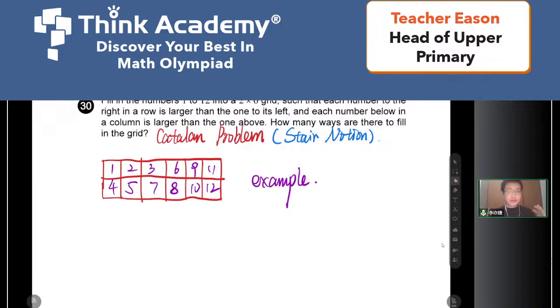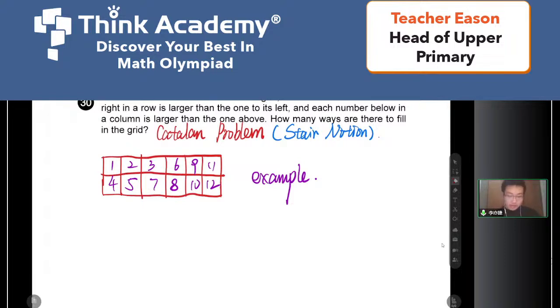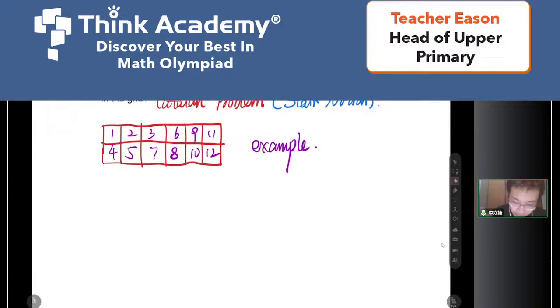So instead of filling the numbers directly, we change another way. You know the way I write these numbers? I write the numbers directly from 1 to 12, from the smallest to the largest. So then we change the way of writing numbers.